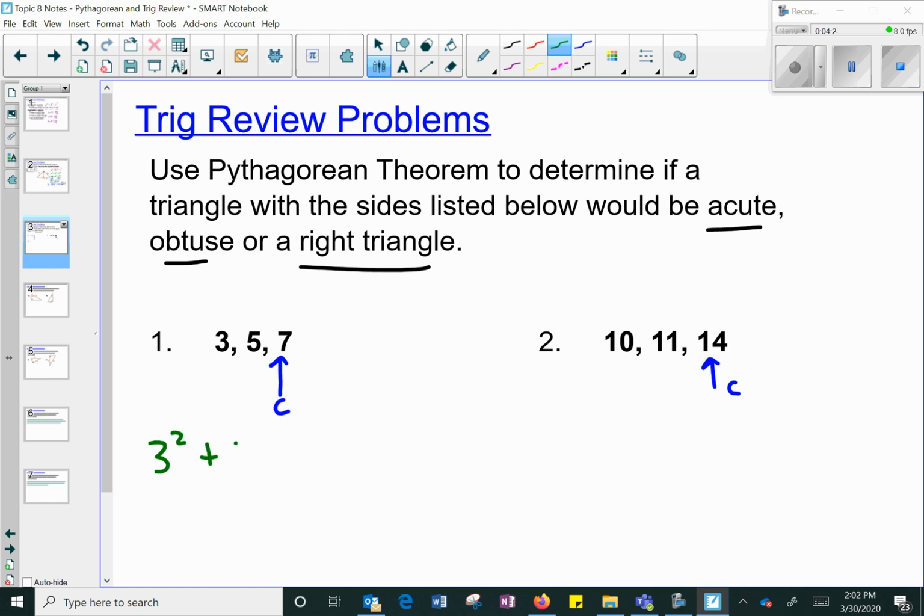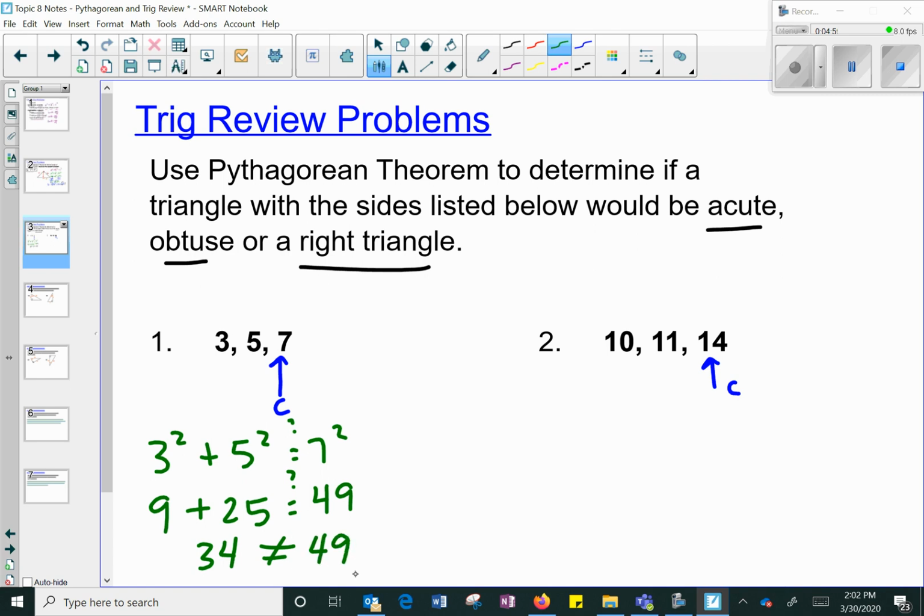So 3 squared plus 5 squared equals 7 squared. We're actually going to do a quick check to see if this is true. 3 squared is 3 times 3, which is 9. 5 squared is 25, and 7 squared, we're going to see if that's correct, is equal to 49. So the question is, if we add 25 and 9, are we going to get 49? Well, we actually get 34, which is not equal to 49.